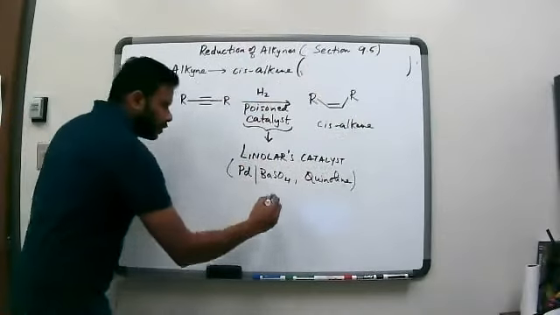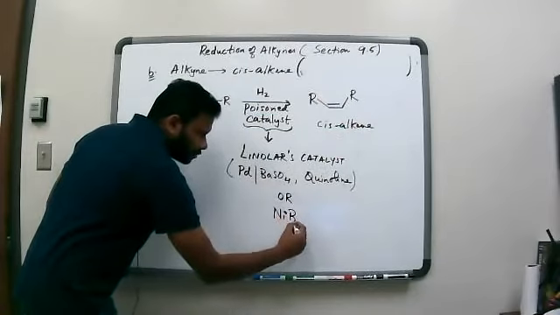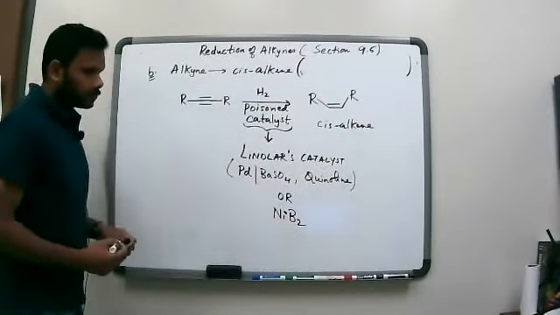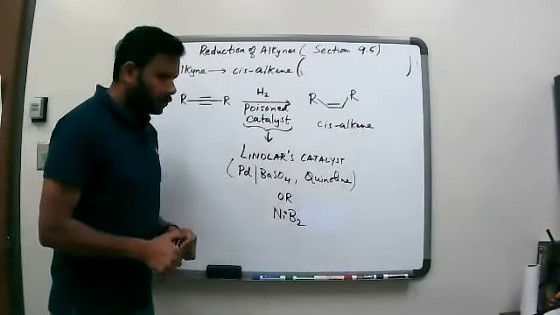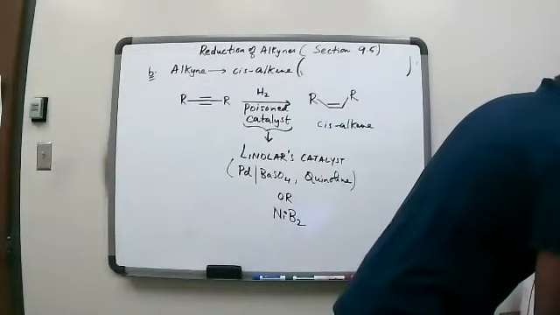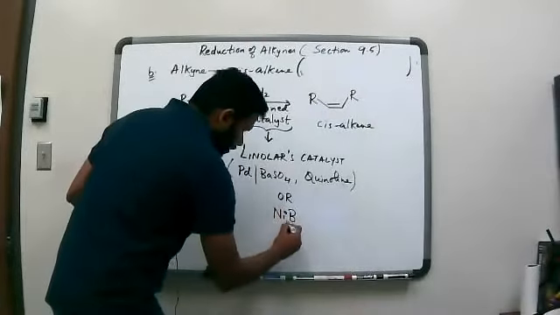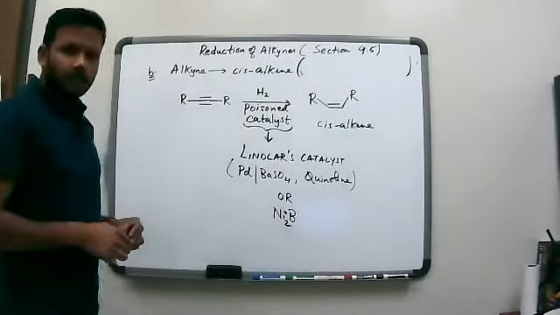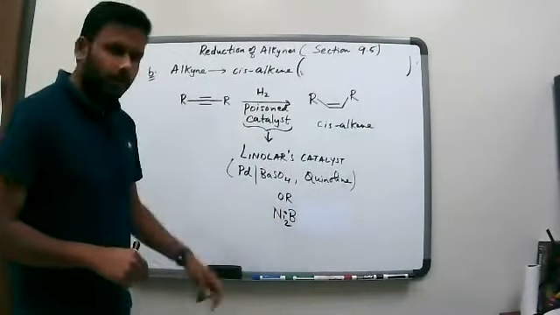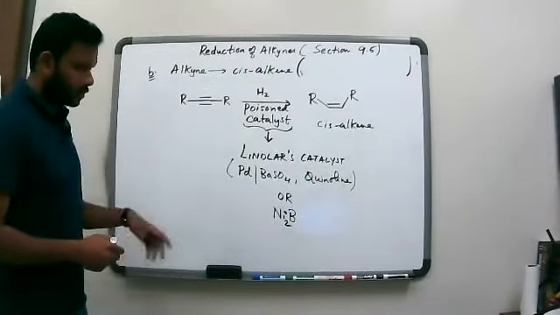So this is one combination, or there is a simpler version or a simple thing to remember, which is nickel boride. You can use nickel boride for doing this. Sorry, Ni2B, okay, my bad. Ni2B is the catalyst. Nickel boride is another catalyst that we can use for doing these reactions.